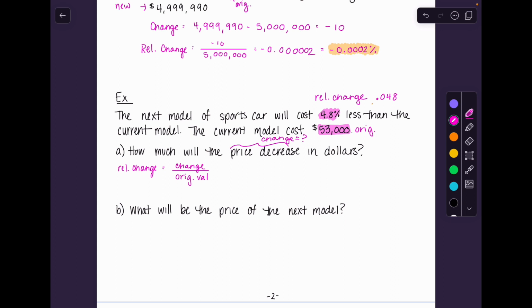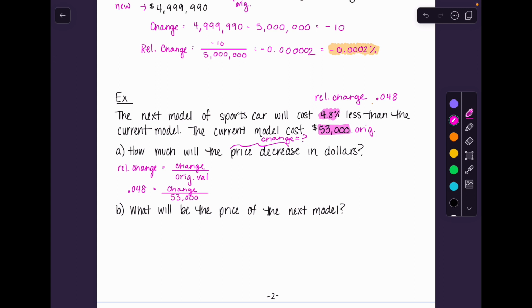Okay. So plugging in those pieces, our relative change is 0.048. The change is unknown.